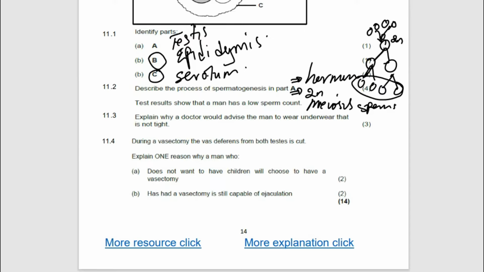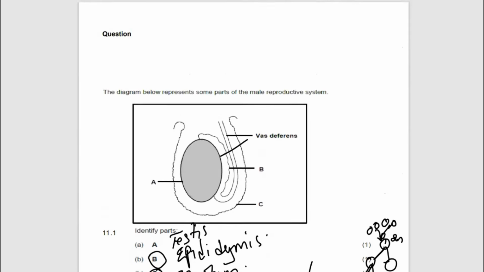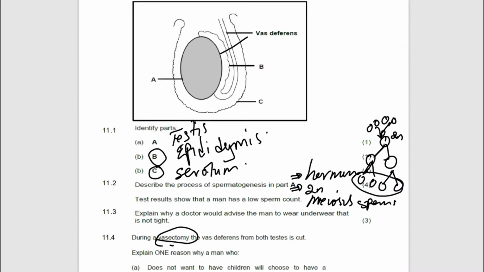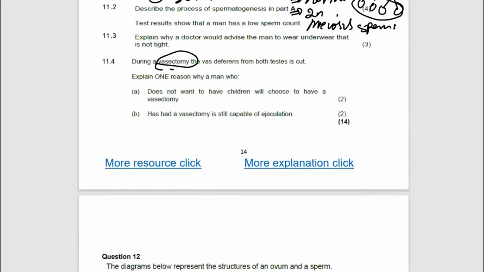Then they're saying that vasectomy is to cut the vas deferens. When you cut the vas deferens is what you call vasectomy. So they're saying that during vasectomy, explain one reason why a man who does not want to have children will choose to have vasectomy. This vasectomy does not mean that if your vas deferens are cut, you cannot have sexual intercourse.